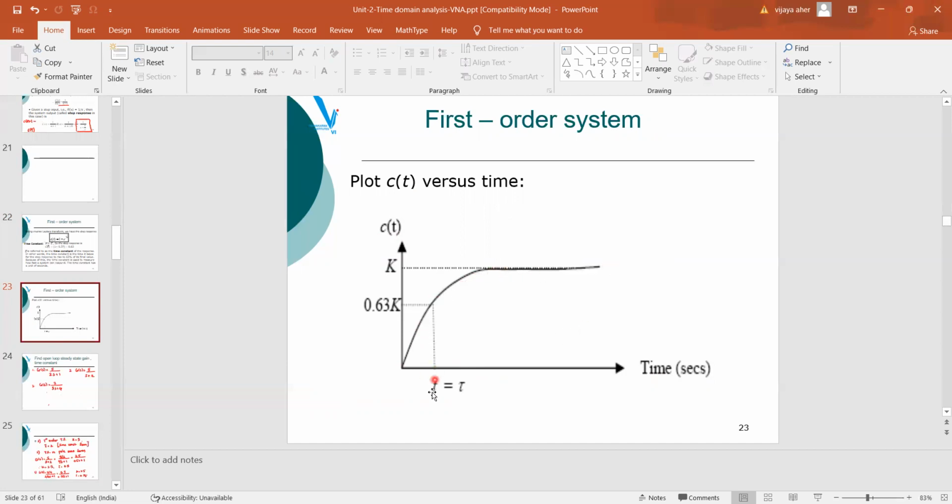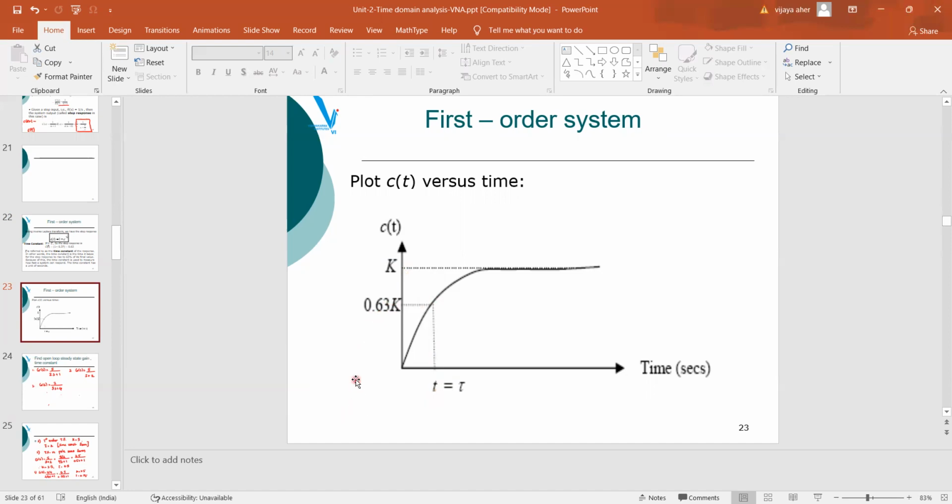At this point, t is equal to tau, and at that time the output of your system should reach 63% of its final value. Final value is k. So your output should reach 63% of its final value when t is equal to tau, that means at this point. Got the meaning of this? So the same response you should get by Scilab code.